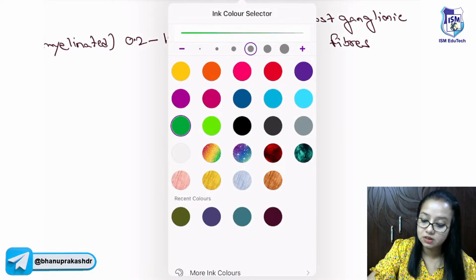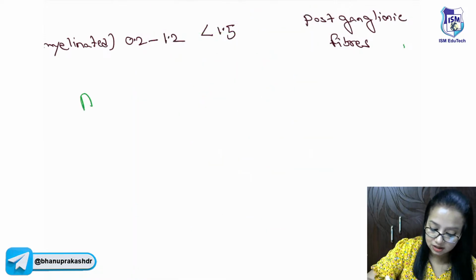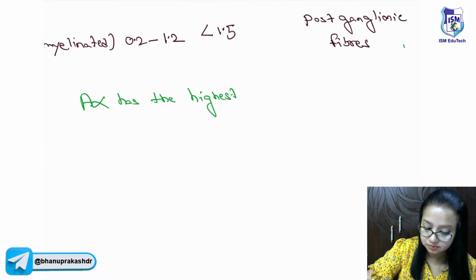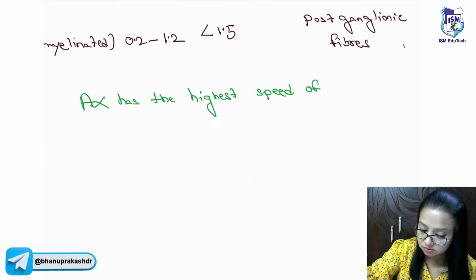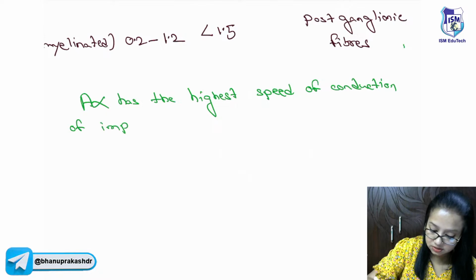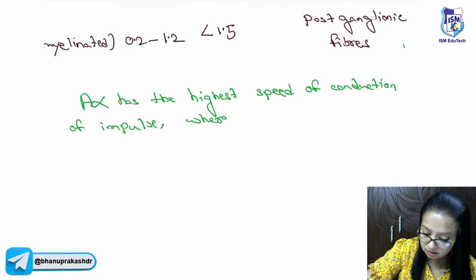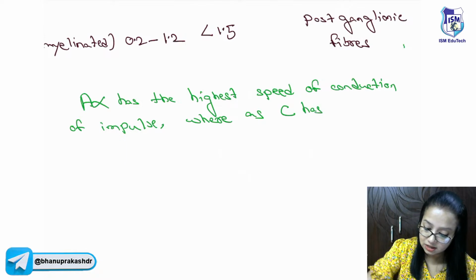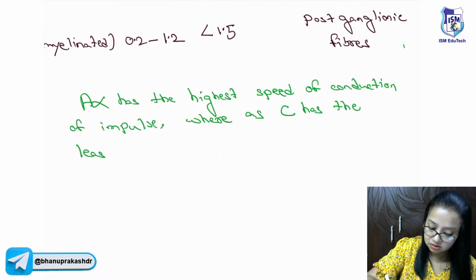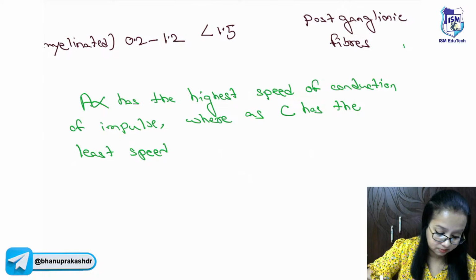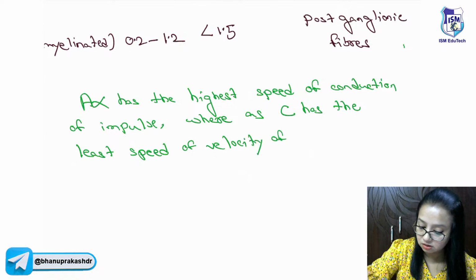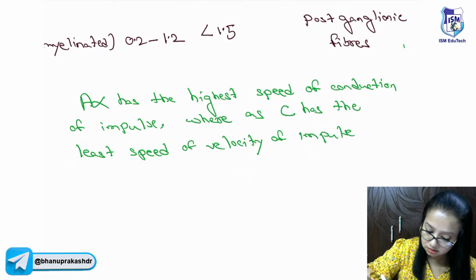So from the above classification, what is the take? If we try to correlate with what we studied yesterday, we can say that A alpha has the highest speed of conduction of impulse, whereas the C, which is the unmyelinated nerve fiber, has the least or slowest speed of velocity of impulse conduction.